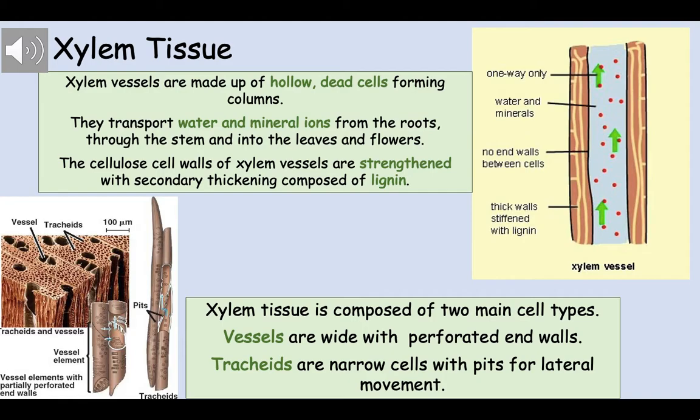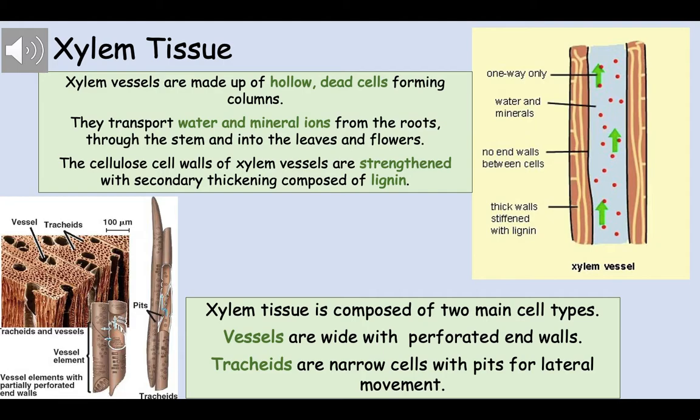All this does is wrap around the cell wall and provide a bit more extra strength, because you've got to remember now, we are not metabolizing cells. We are dead cells and they are hollow, so they do have the potential to be quite brittle. So by strengthening them with this lignin, it provides that extra level of support to ensure that the xylem tissue can carry out their function.